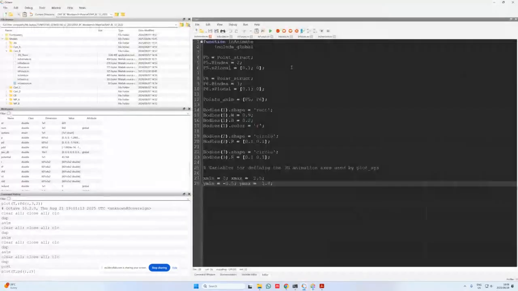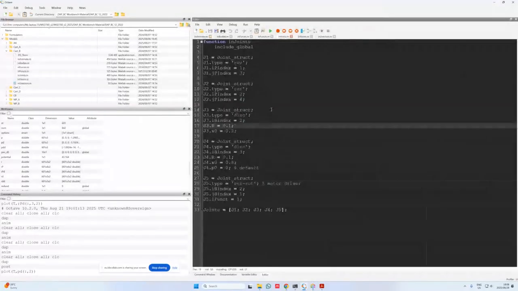Now, before we start with this, we first need to consider the order in which we actually defined our joints in card B. So if I go back to the joints, you'll see I defined J1, J2, J3, J4, J5. So they are specified in the same order as what I have in the context of this file over here.